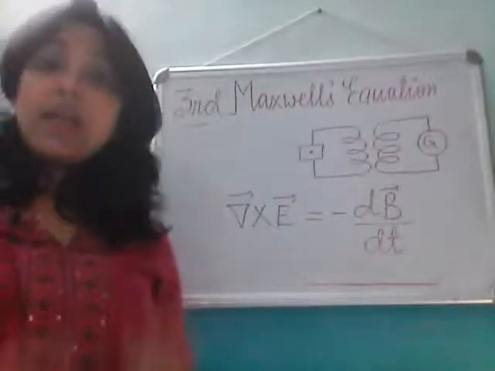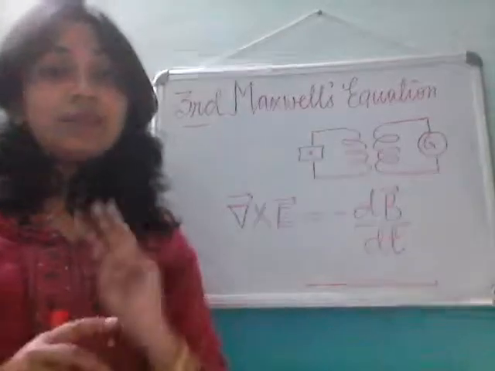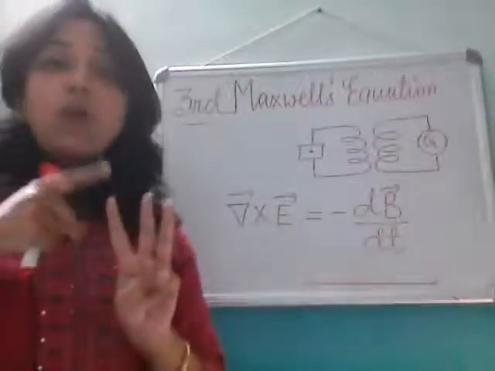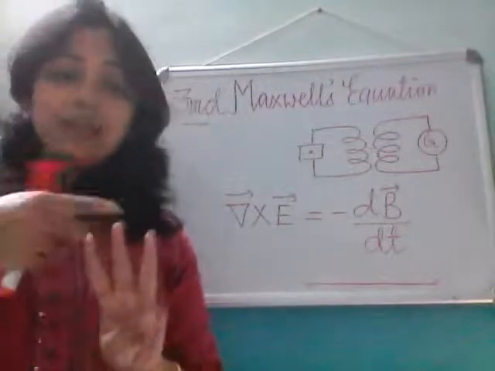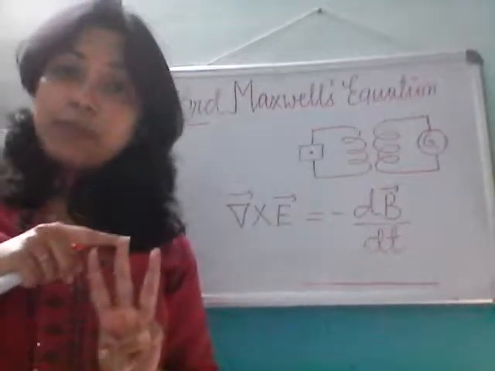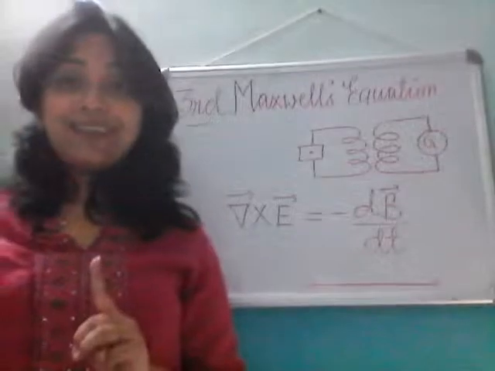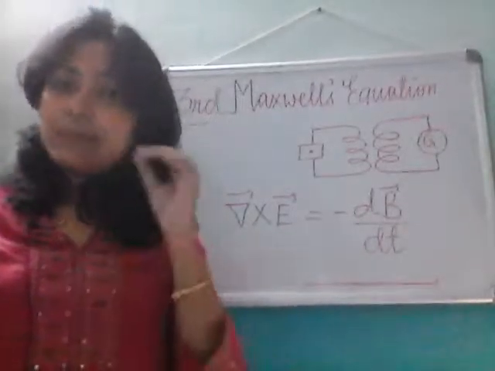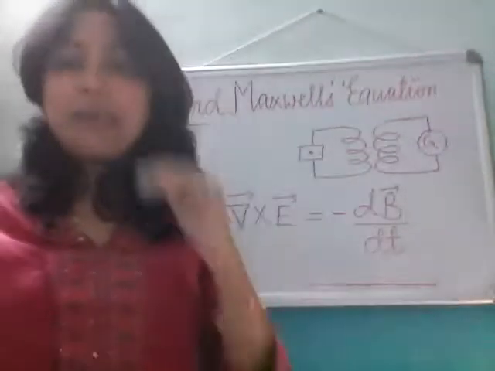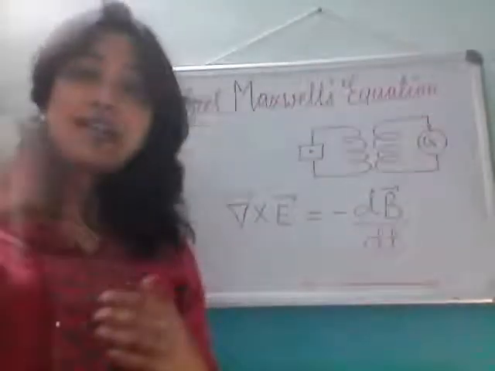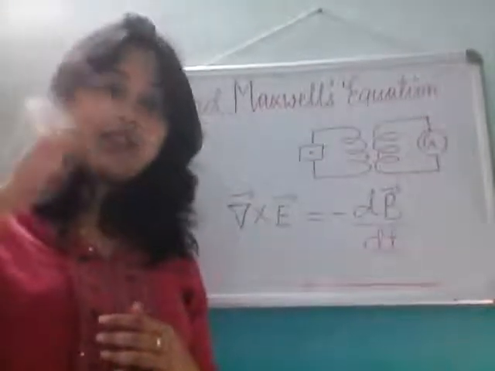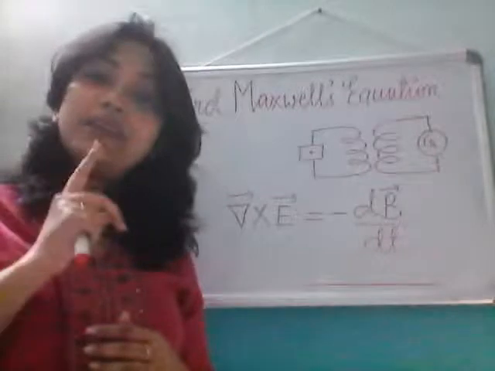Fine. So up to now we have learned about 3 equations. One was divergence of E, second was divergence of B. The third relates the curl of E. Alright, so these small little things can be kept in mind so that you remember the order. Divergence of E, first equation. Divergence of B, second equation.